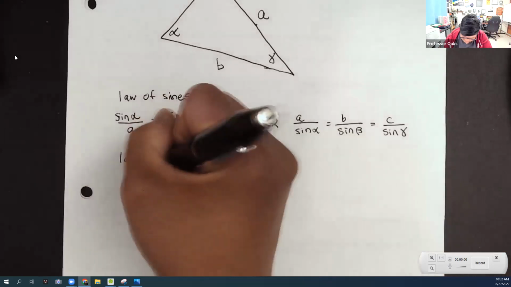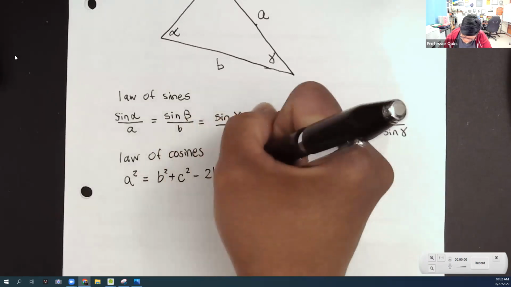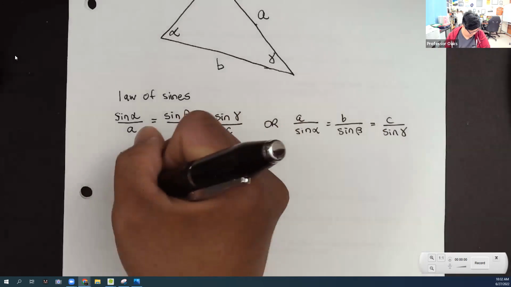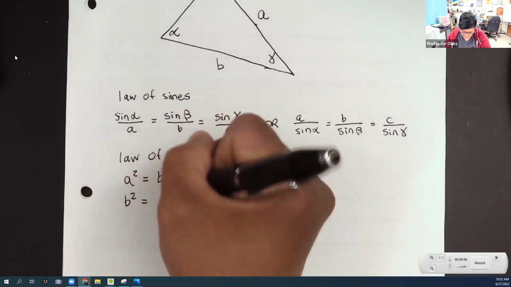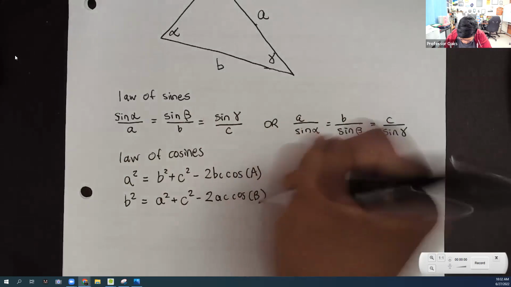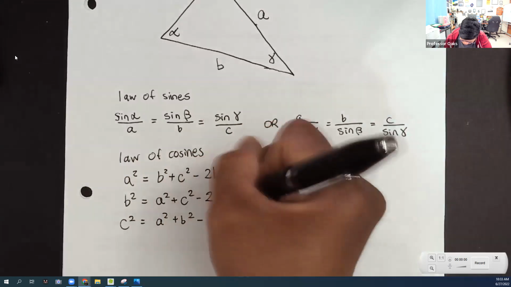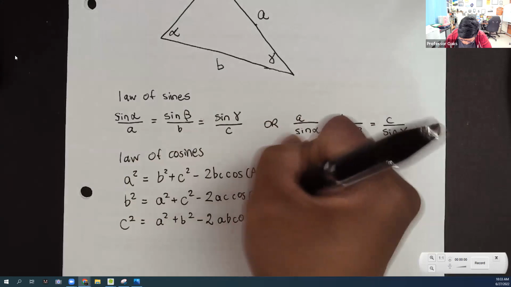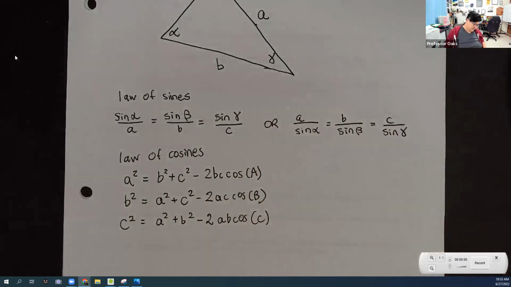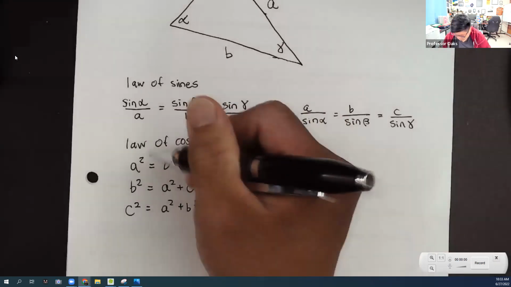If you want to find a, then a squared is b squared plus c squared minus 2bc cosine of A. If you want to find b, then b squared is a squared plus c squared minus 2ac cosine of B. And if you want to find c, then c squared is a squared plus b squared minus 2ab cosine of C. The reason they sometimes only give you one is that you could relabel all of these and it would end up being the same result, but the pattern is pretty easy.